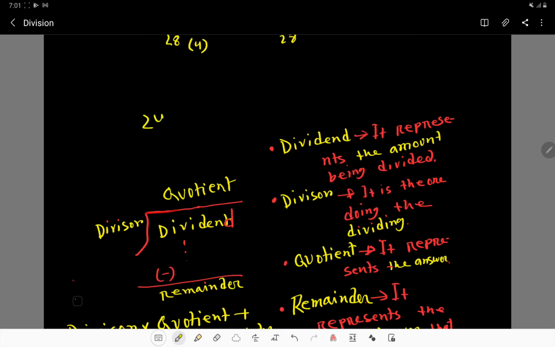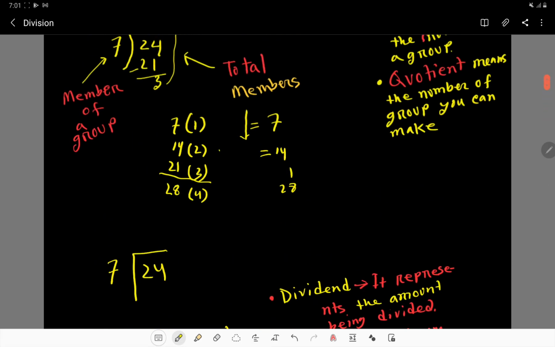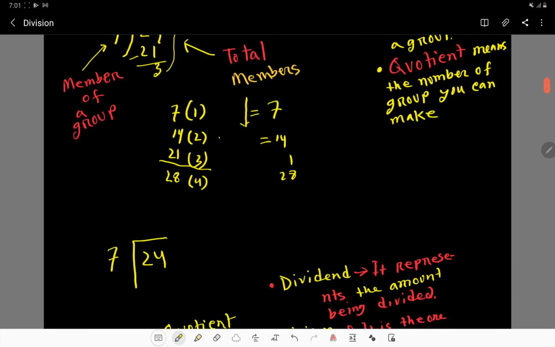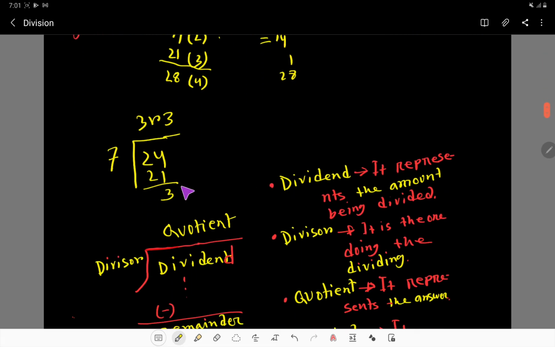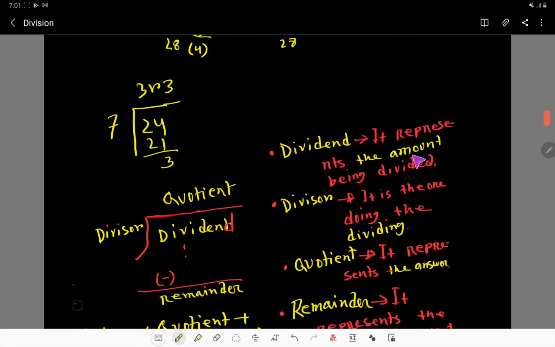So in the case of 24 divided by 7, we are getting 3 remainder 3. Look, the dividend here is 24, and it represents the amount being divided.